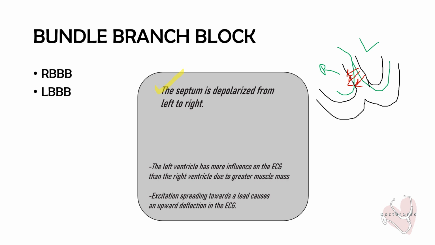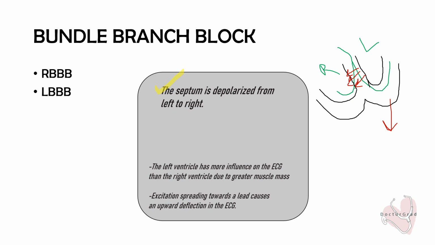After the septum gets depolarized, we have the ventricular musculature. We have the right side and the left side. This left side definitely has more influence on the ECG because the left ventricle has greater muscle mass. So it has greater influence. That means if there is depolarization at the left ventricle, it will show as greater amplitude.